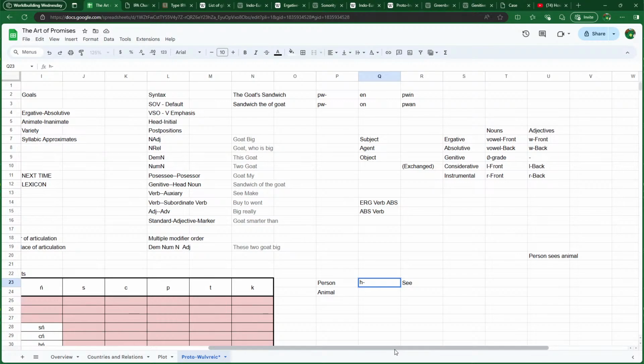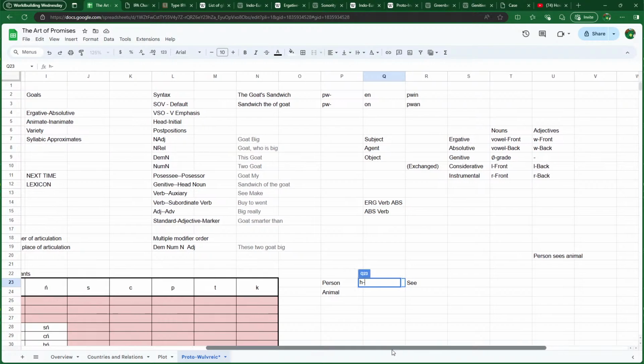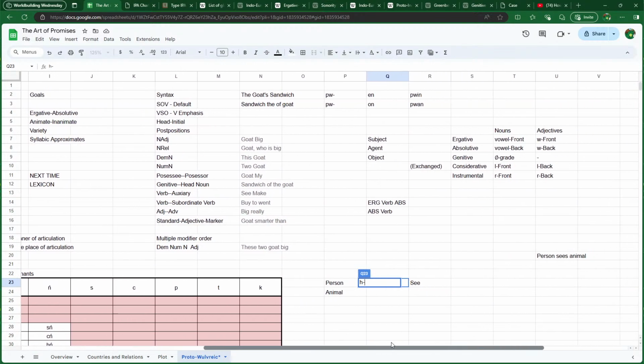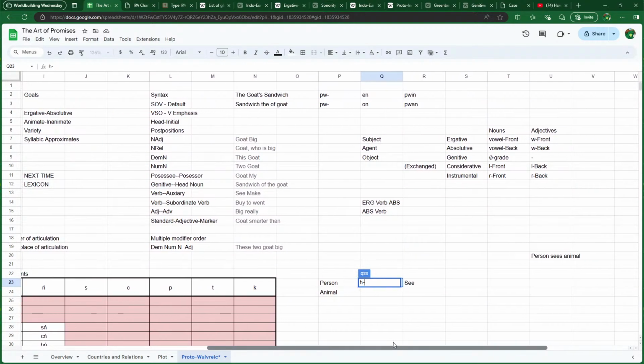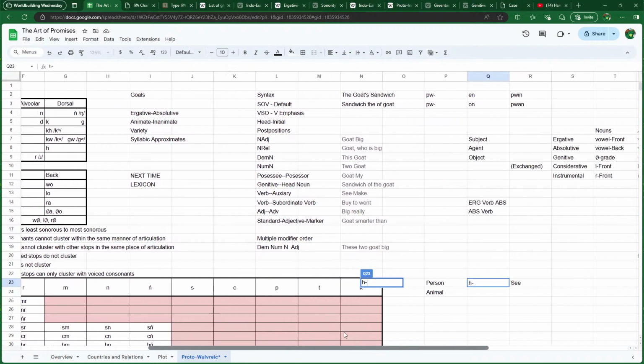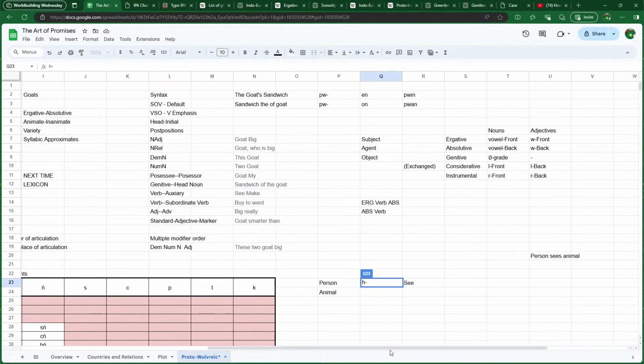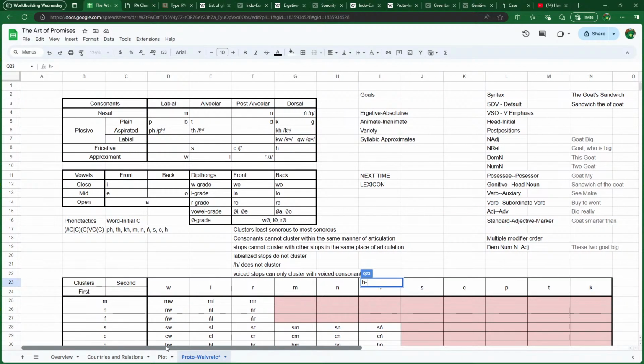I'm going to leave a dash where the vowel goes. The absolutive case is the dictionary form of the word. So we can only have ah and o pretty much be here, but I'm going to leave a dash just because.